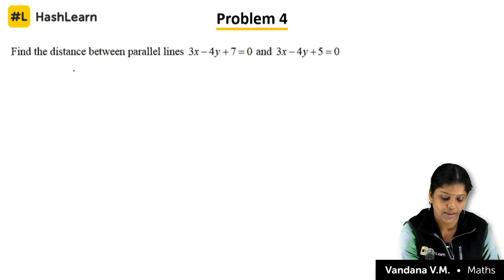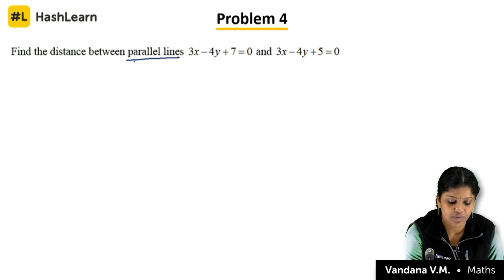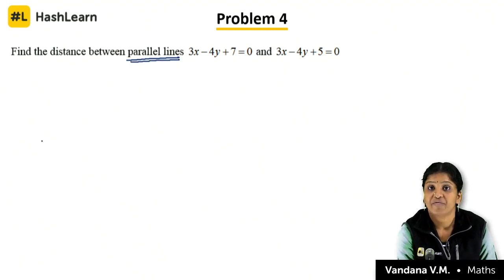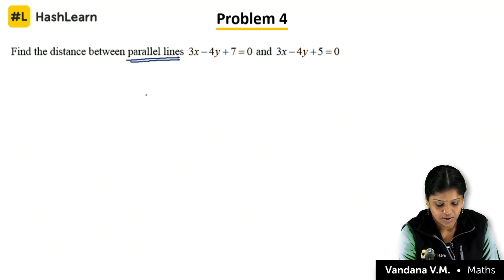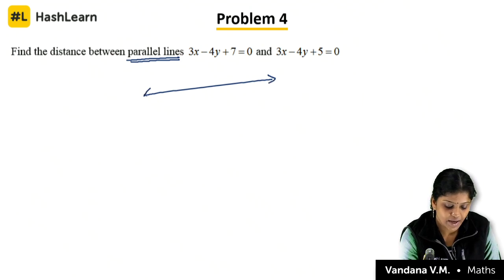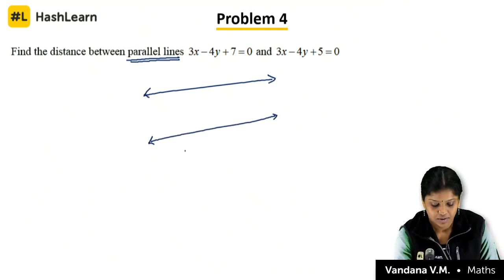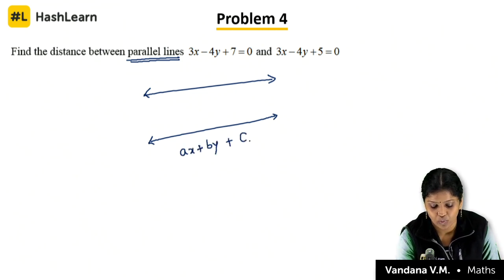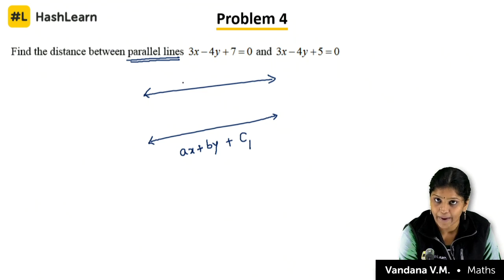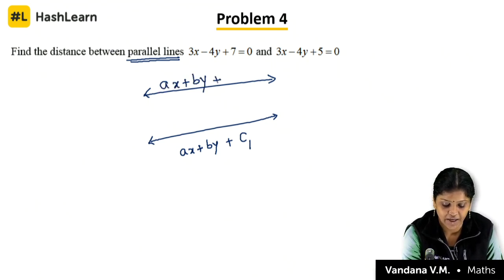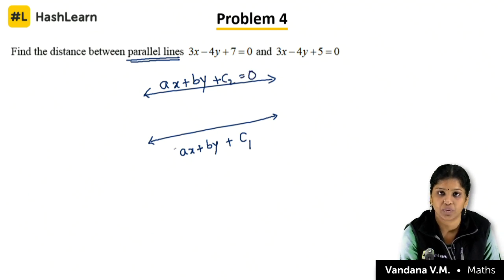Now, the one more method, that is the distance between the parallel line. First of all, see, first let me explain the general concept. Ax plus by plus c1, this is the parallel line. Ax plus by plus c2 is equal to 0.